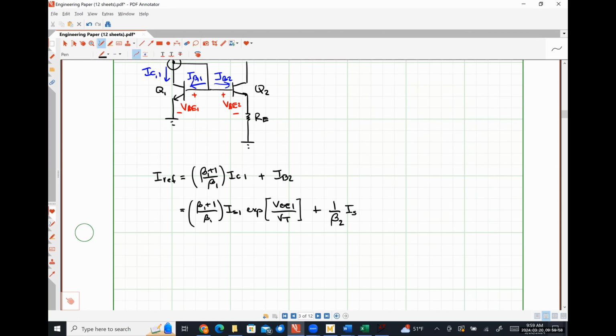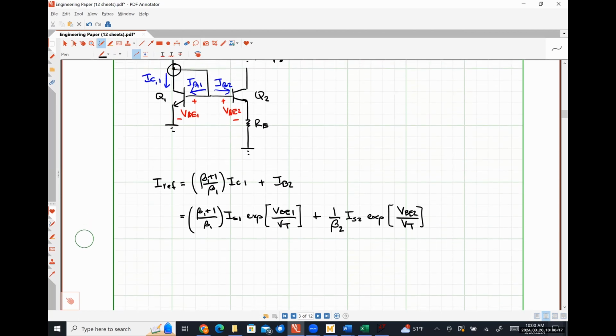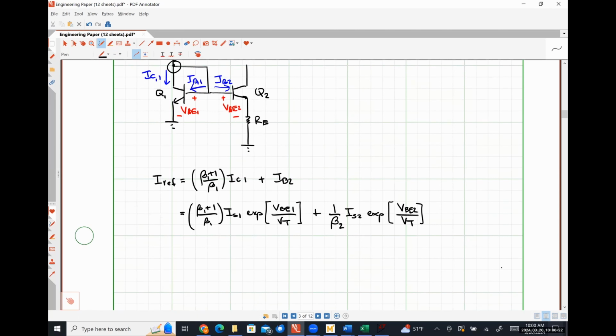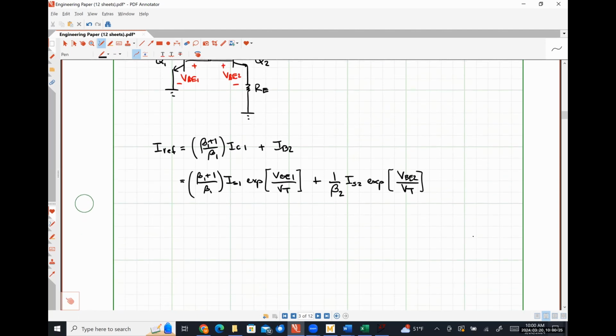This should be 2, IS2, EXP of VBE2 over VT. Let's let this sit here for a moment, okay? So that seems okay to me.